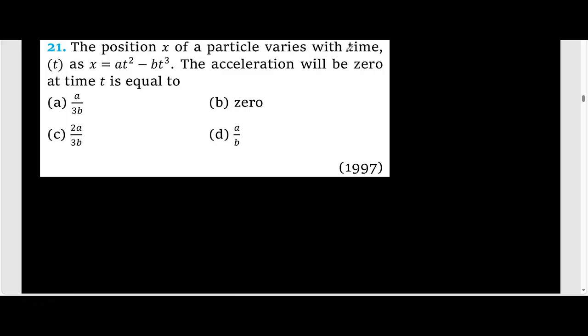Now, position x of a particle varies with time. Again, position is given. The acceleration will be 0 at time t equal to... So we have to find the time when acceleration is 0. The condition is acceleration 0. So displacement is given.